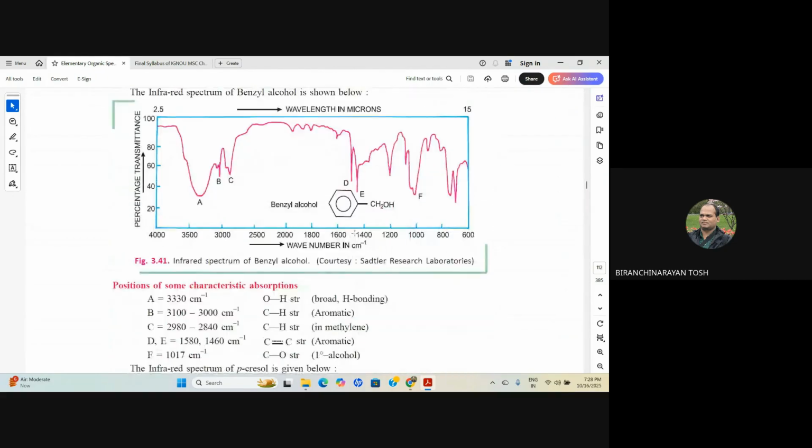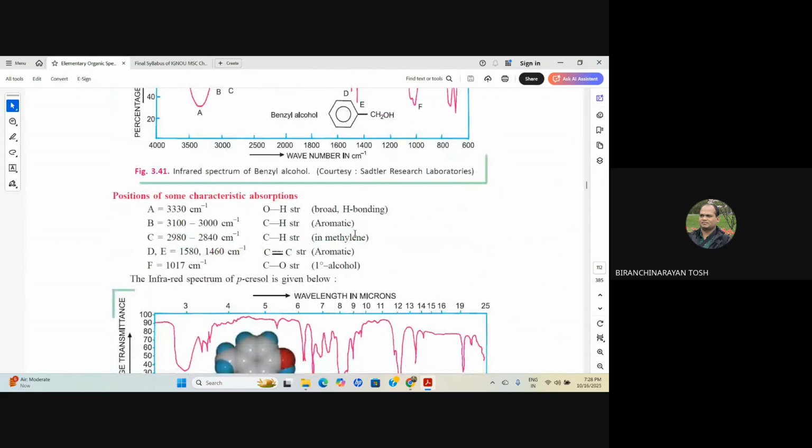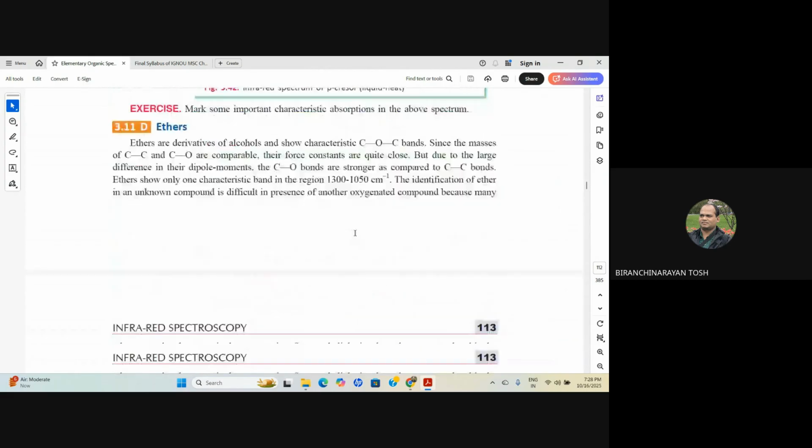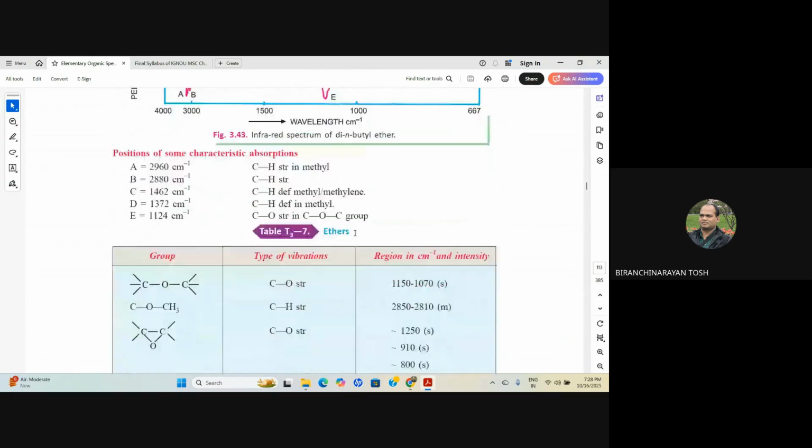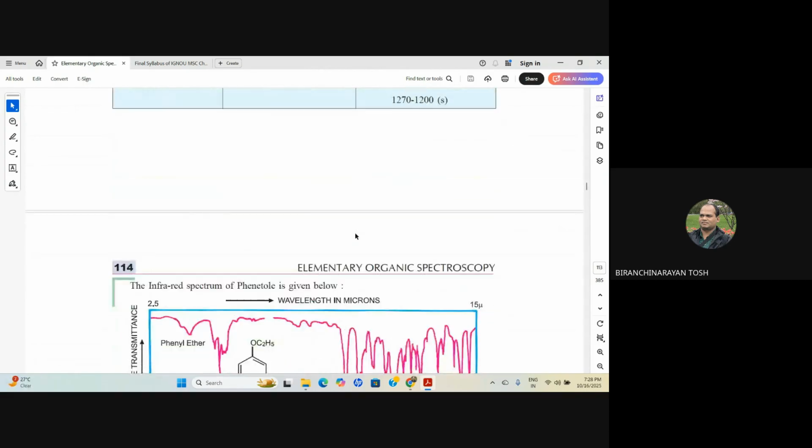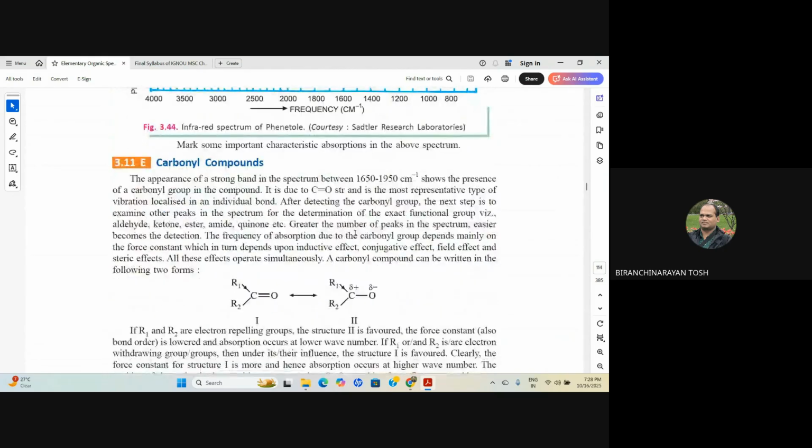Then we move to aldehydes and ketones, the carbonyl compounds.